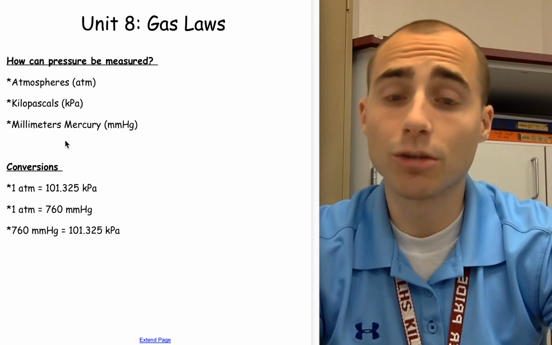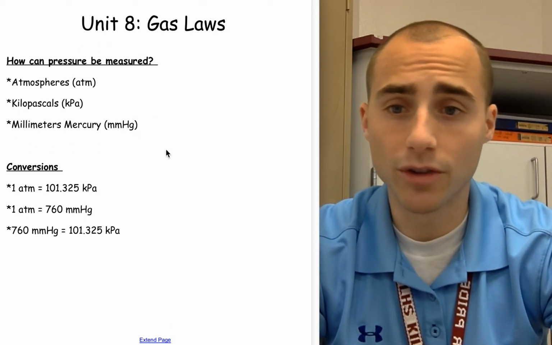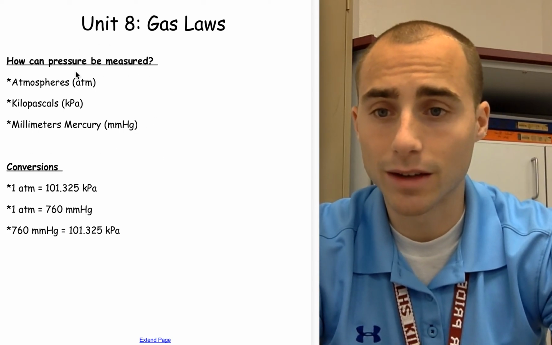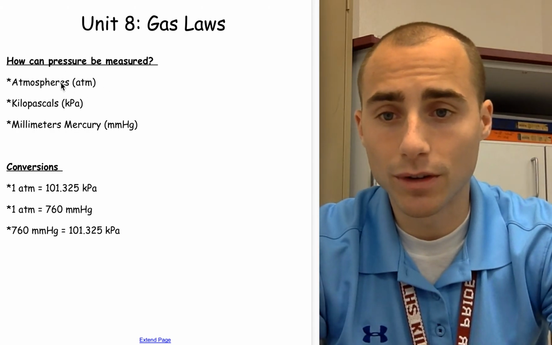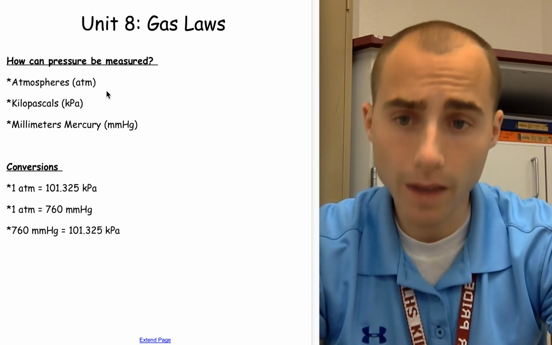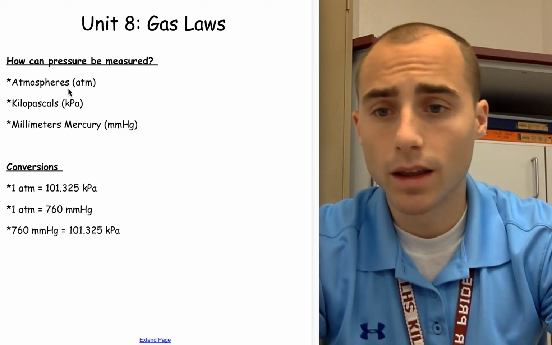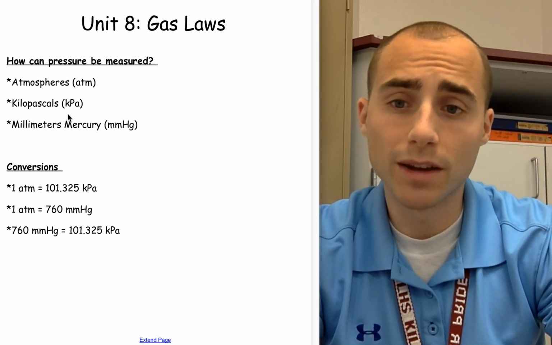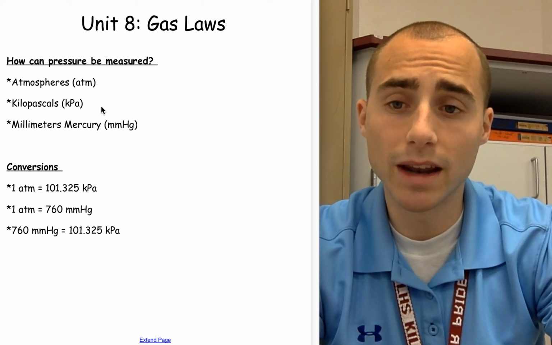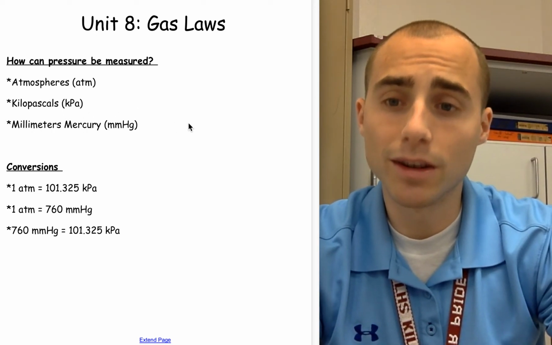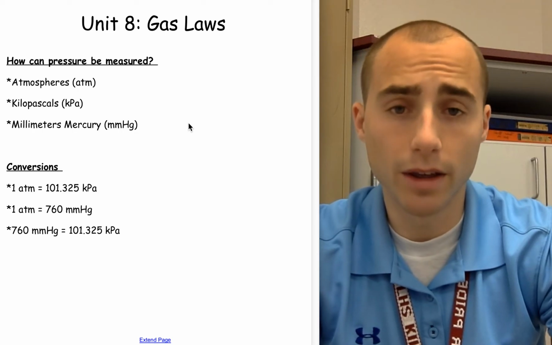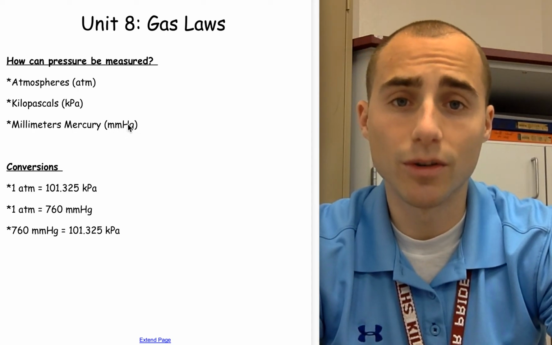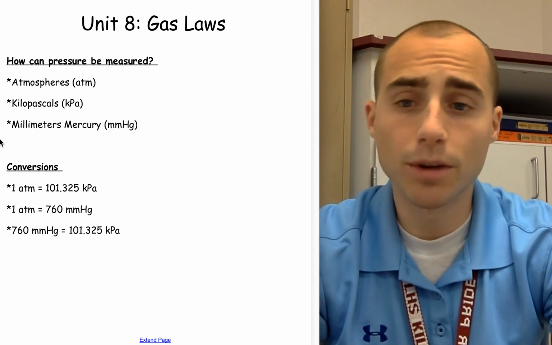There are actually 3 ways that you can see pressure measured with reference to gases. You can see it in atmospheres, which is shortened ATM, and that's where we usually want it. You can see it measured in kilopascals, which is represented lowercase k, capital P, and then an A. And then you can see it represented in millimeters mercury, or mmHg. Those are the three ways pressure can be measured.